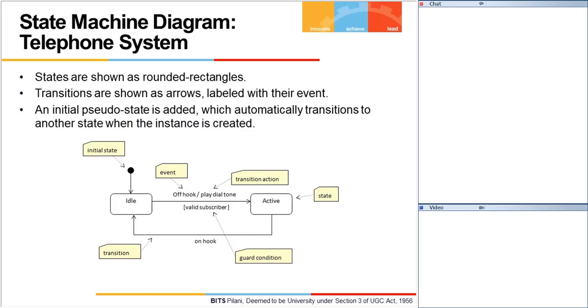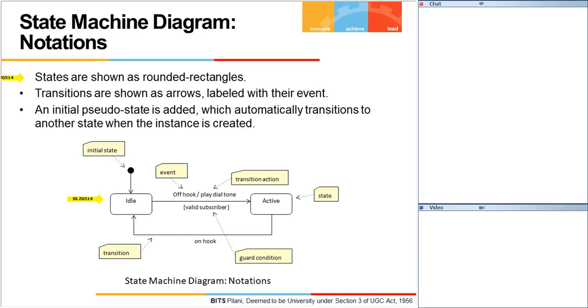Okay, so let's just start with the notations. States are shown as rounded rectangles, right? So this is the first important notation that you must remember. The states are shown as rounded rectangles. Please notice these rounded rectangles are different from the kind of rounded rectangles that exist in an activity diagram.